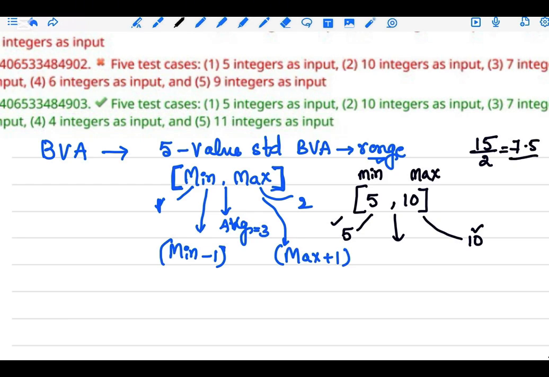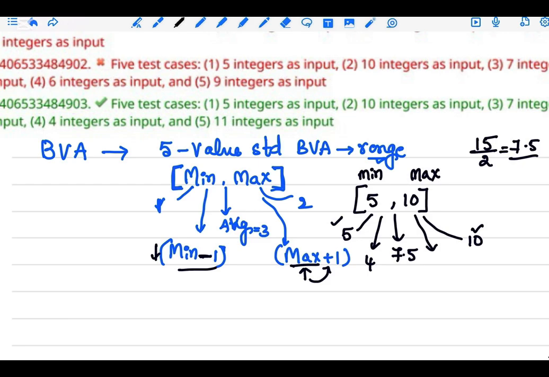So for example, we consider in the range 7.5 as one value, and another value is minimum minus 1, that is 4, and maximum plus 1. Maximum means increasing, that's why we add plus. Minimum means decreasing, that's why minus.